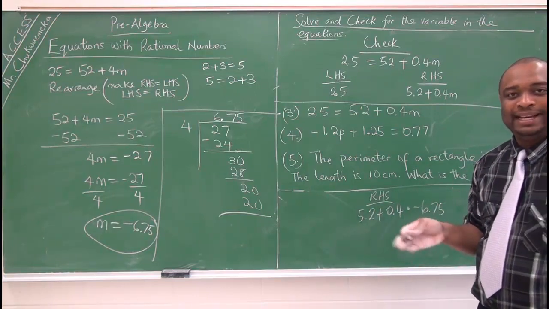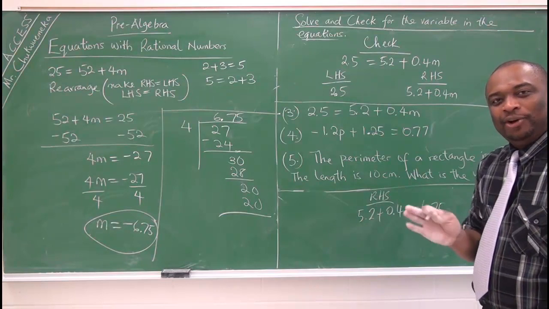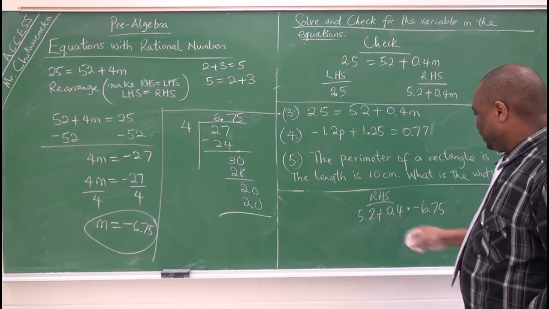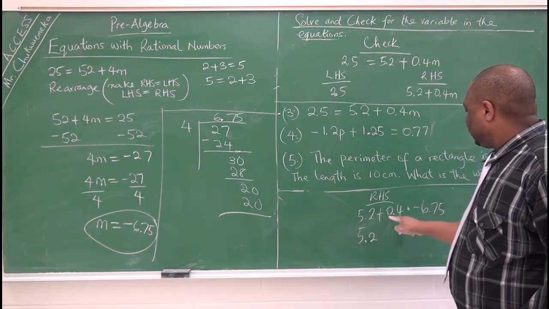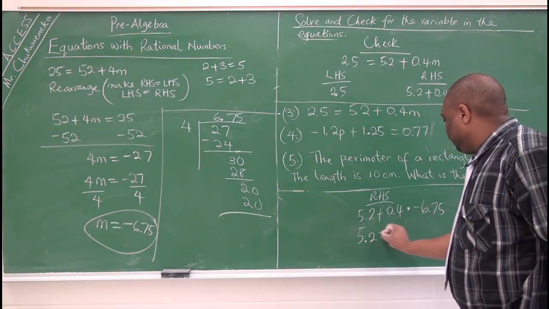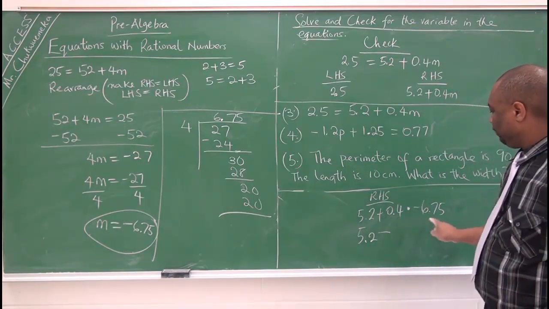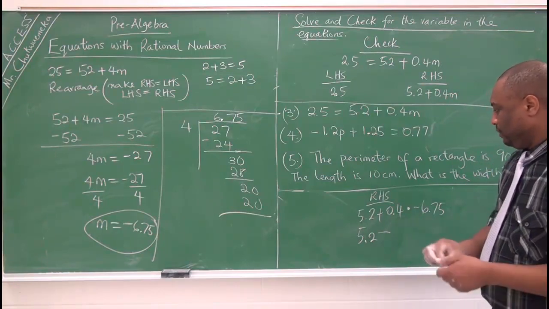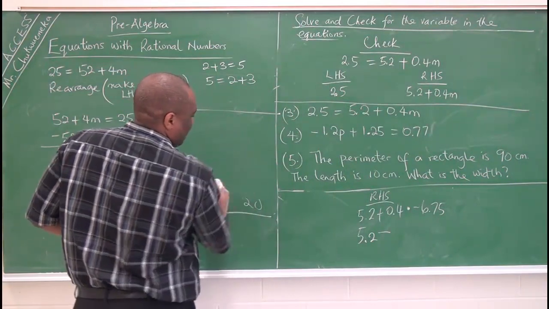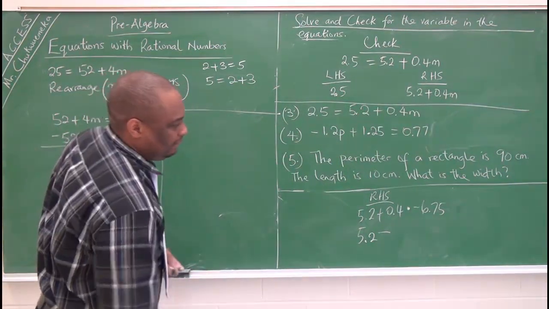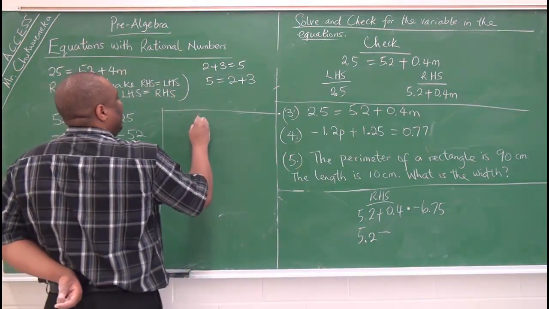Okay, you still remember how to multiply decimals that you did in lower grade levels? We're going to do that now. Now this is 5.2. Okay, positive times negative is negative. Now let's do 0.4 times 6.75. How would you do that?